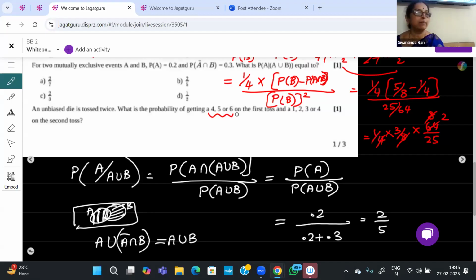All are the same, and they are independent. Suppose I get some number in the first experiment, that wouldn't influence what I get in the second trial. So they're independent trials.